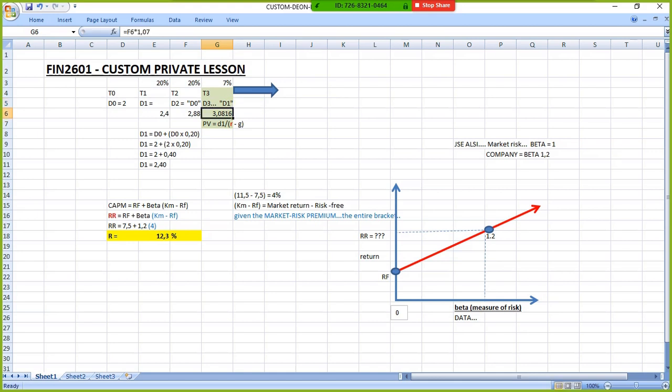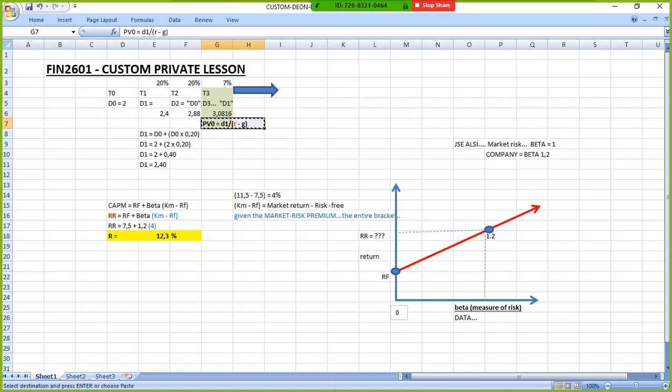Div 1 in the formula gives me the PV at time 0 for that dividend. So if I'm using div 3, this PV is going to be the PV at time 2.